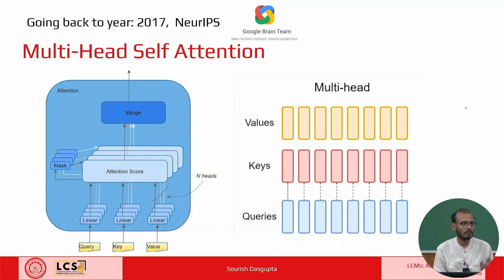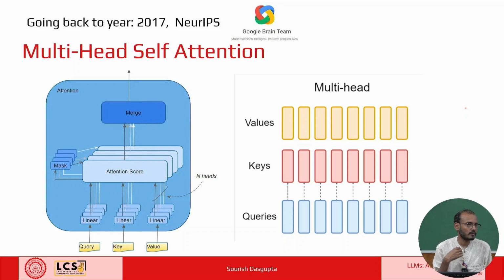Apart from dealing with only one head, which you have already studied, they felt: why not repeat the same thing independently using multiple heads? So why not do the q dot k, get that percentage, apply it on v, add it up to get the contextual embedding, and do that separately in many different places in a particular layer?